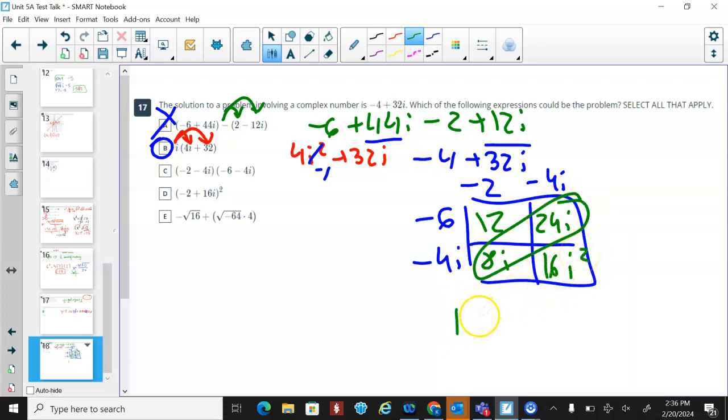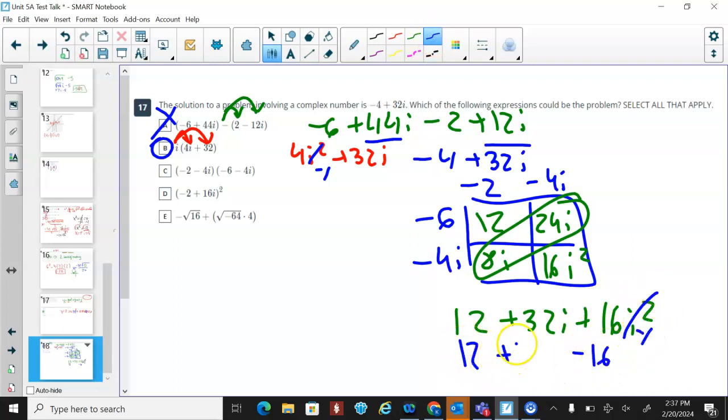But 12, let me see. 12 plus 32i plus 16i squared. Now we're going to replace the i squared with a -1 again. So this is going to be -16. 12 plus 32i. And in fact, it is 12 minus 16 is -4 plus 32i. So again, this is also a correct answer. Now, if you need to pause it, pause the video. I'm going to erase it.